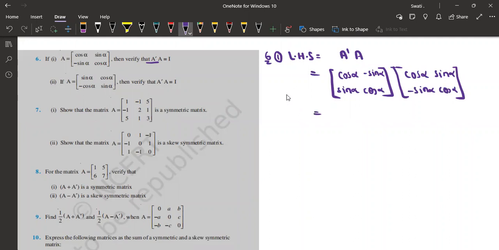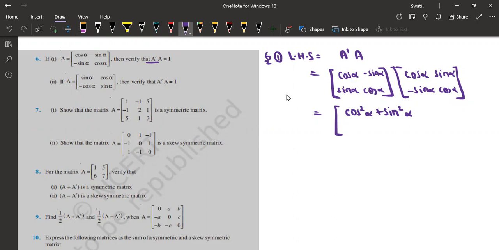If you do the product of these two matrices, because I have already explained, I'll go a little fast here, you get cos square alpha plus sin square alpha. Make sure you watch the previous videos, which I've put in the description box. Everything will be clear about how I'm multiplying these matrices.